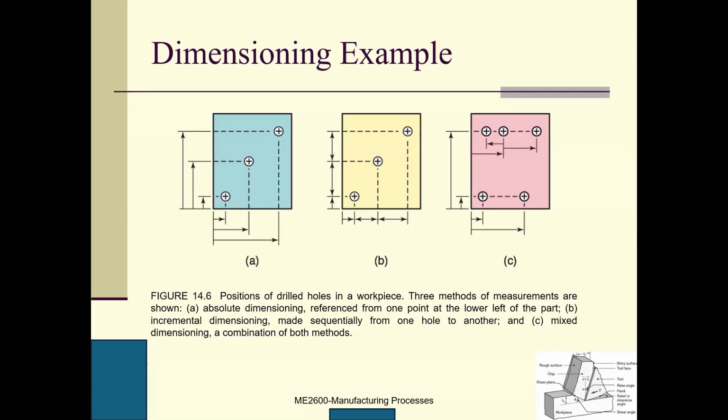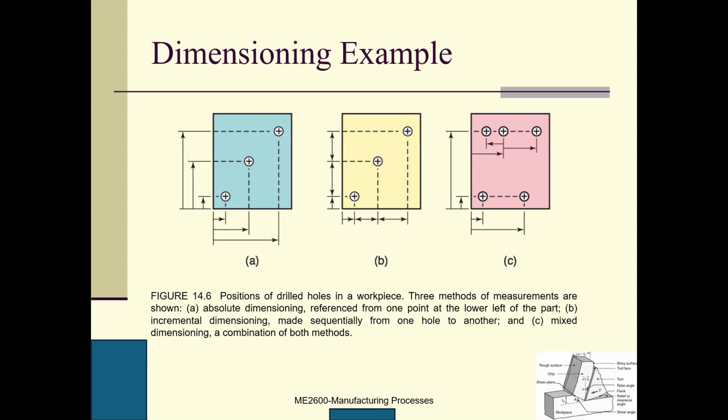We are positioning these three holes, so which one will be used as a reference? Here, the left bottom corner is the reference. You can see all of these are dimensioned based on this one, and here also dimensioned based on this.